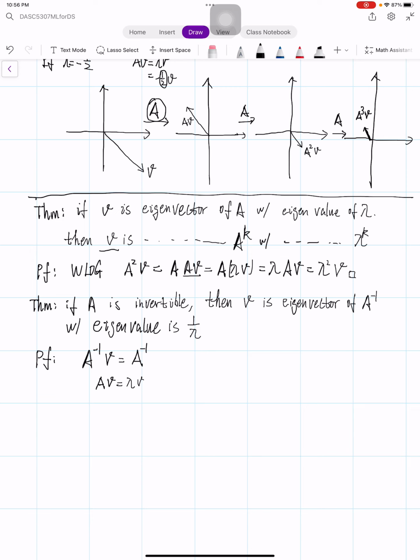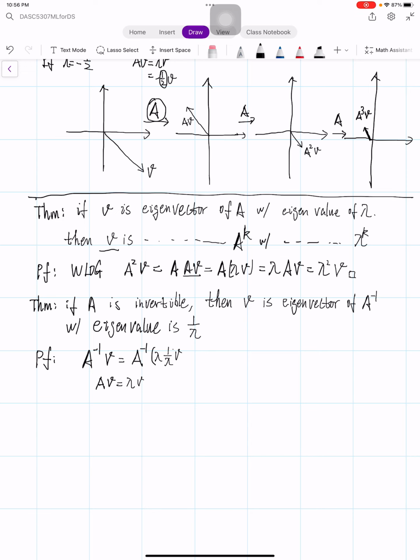Actually, we can rewrite this by doing a trick here: we can write lambda and 1 over lambda times nu.